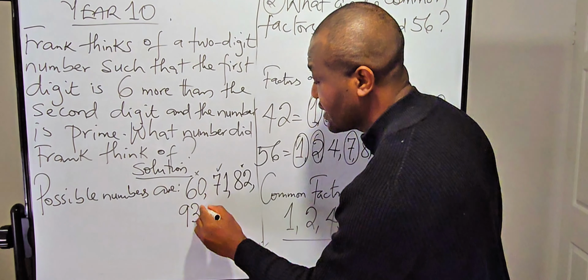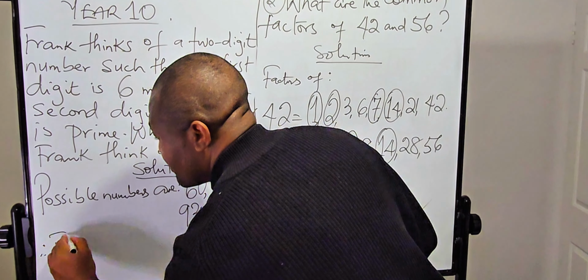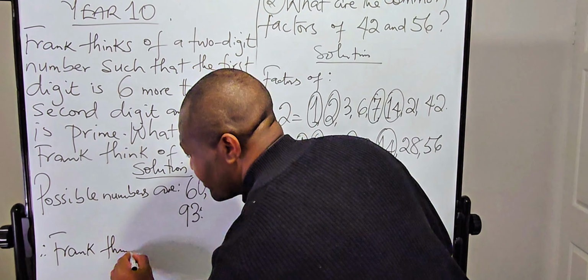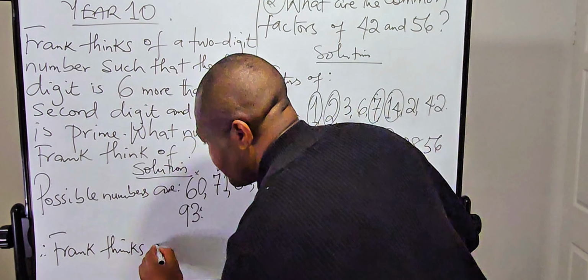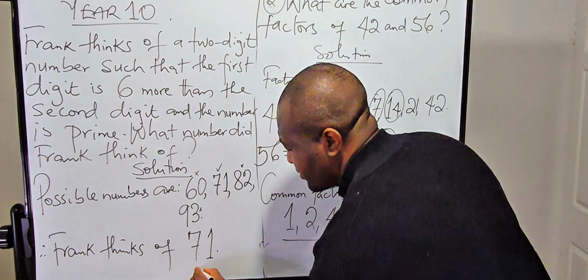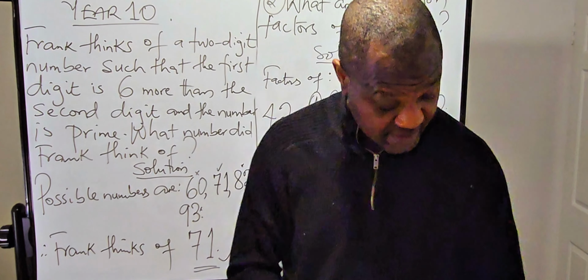So this one is out. You can now say, therefore, Frank thinks of 71. And that is your answer.